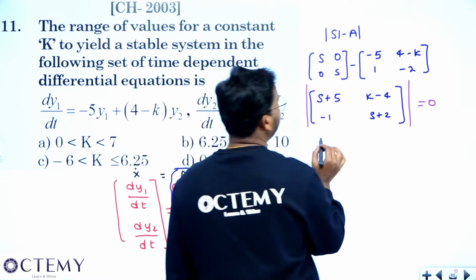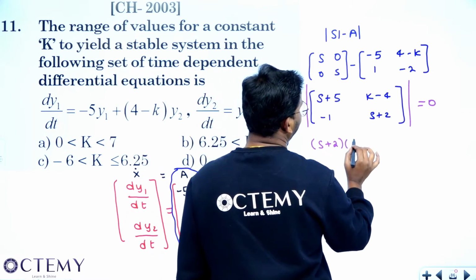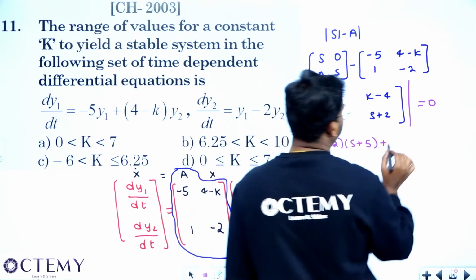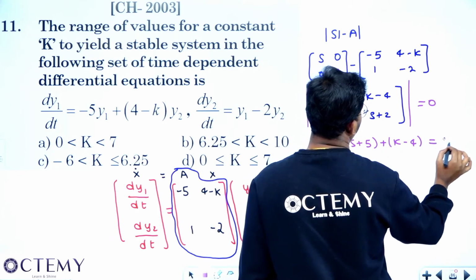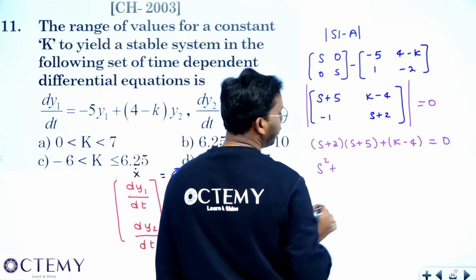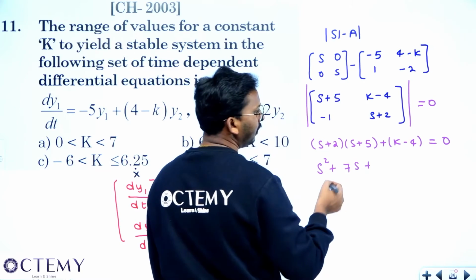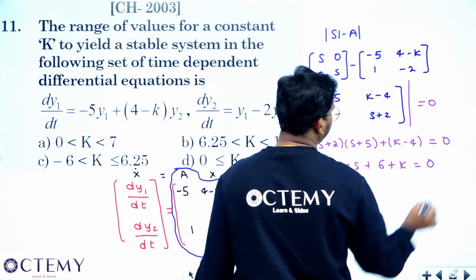So that will become (s plus 2) into (s plus 5) plus k minus 4 is equal to 0. So what will this become? It will become s square plus 7s plus 10 minus 4 plus k, that is 6 plus k, is equal to 0, right?